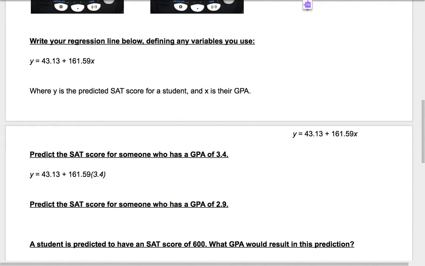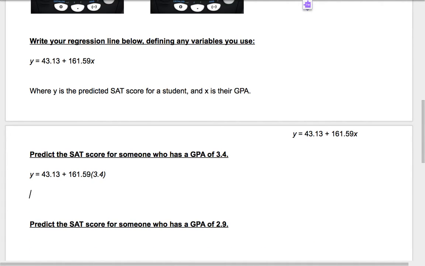And now if I want to predict what that student's SAT score is going to be, I just type into my calculator 43.13 plus 161.59 times 3.4. I get, so y, their SAT score equals about 592.5. So the predicted SAT score for a GPA of 3.4 is 592.5.